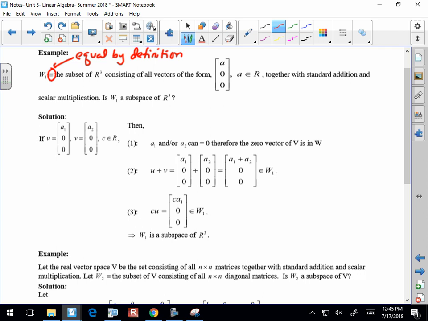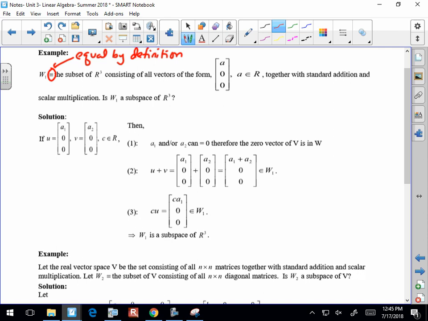All right, so basically we're defining W sub 1 as a subset of R3 consisting of the vectors of the form (a, 0, 0). Right. A itself belongs to the set of real numbers, together with standard addition and scalar multiplication. And we want to know, is W1 a subspace of R3?